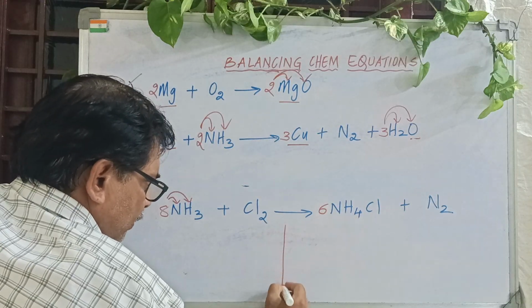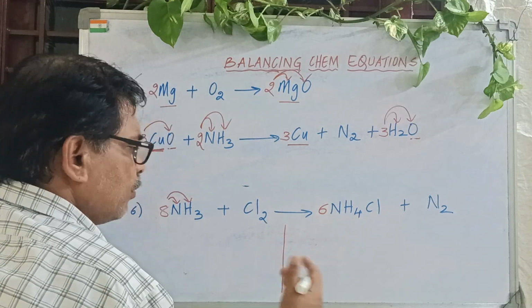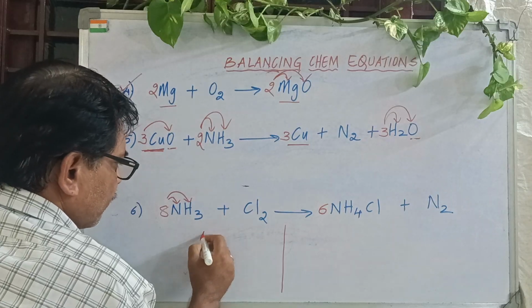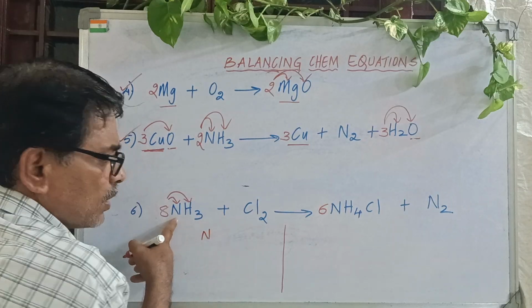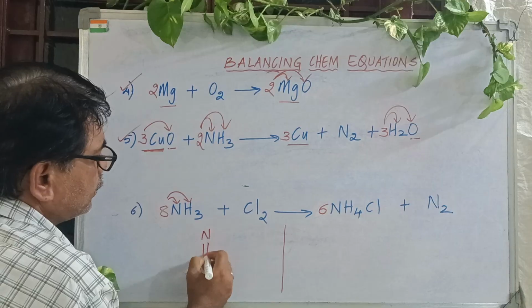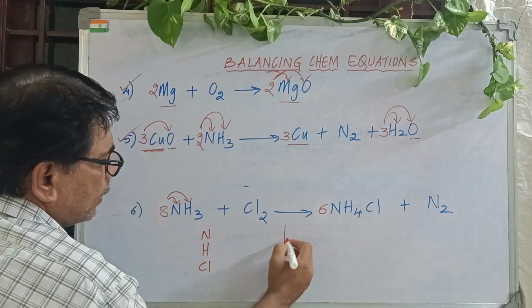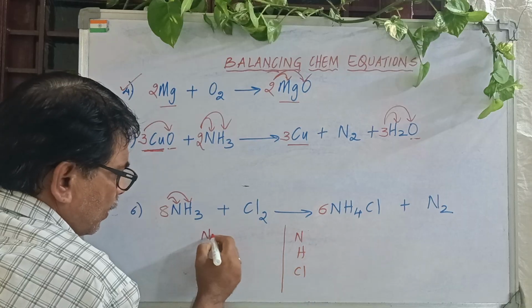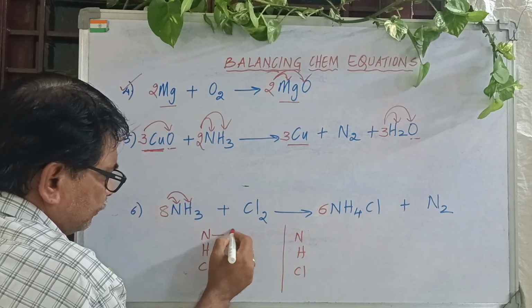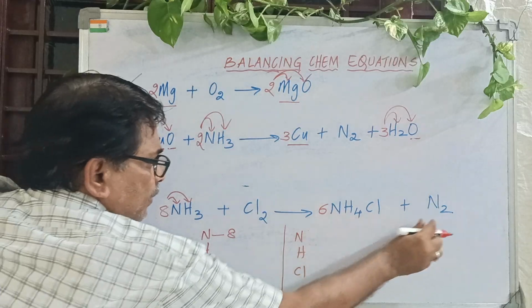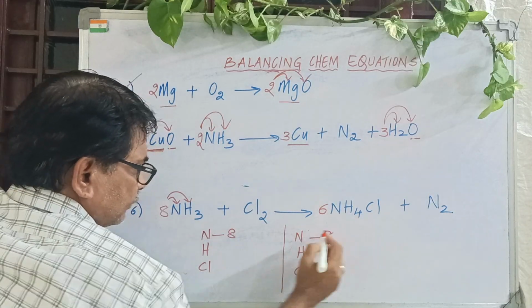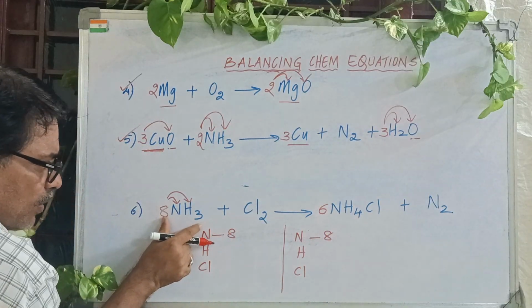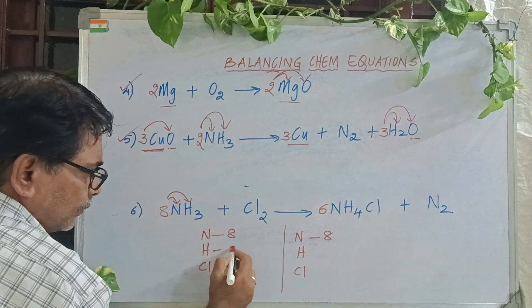Just I will write down like this. At this end, you can even write down for clarity what the things participating are. N is participating, H is participating, Cl is participating. How many N's are here? Count, 8. How many N's are here? 8. How many H are here? 8 threes are 24.